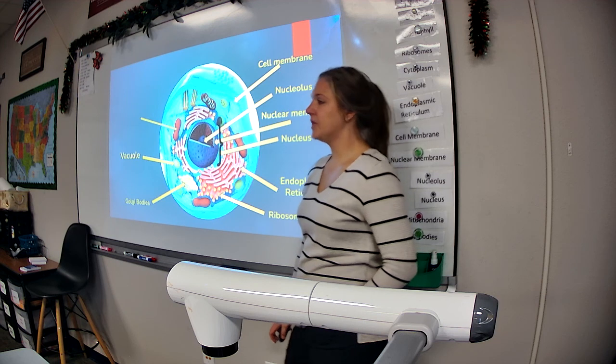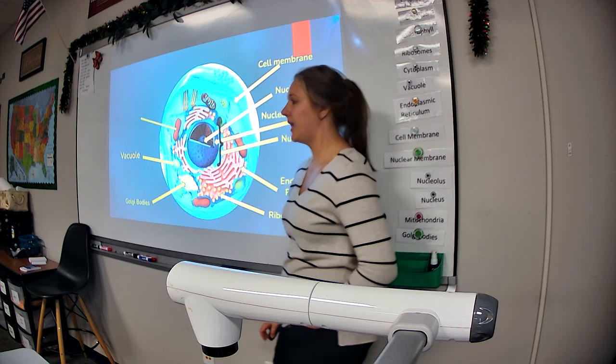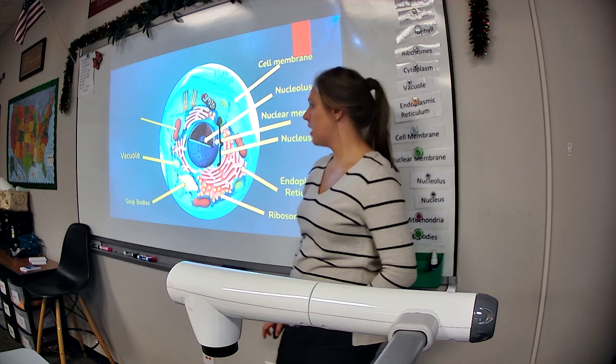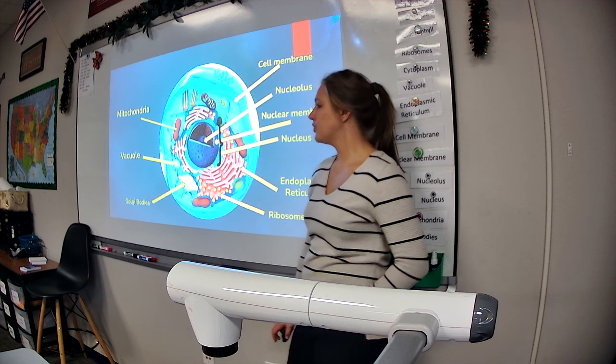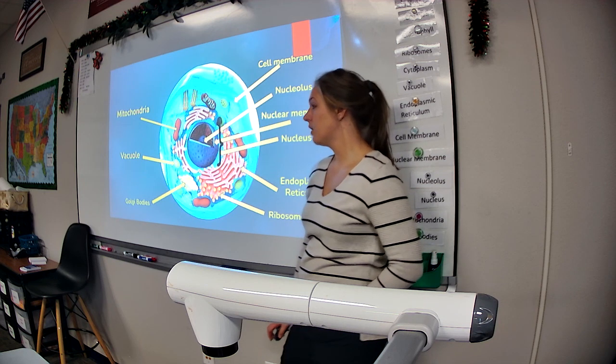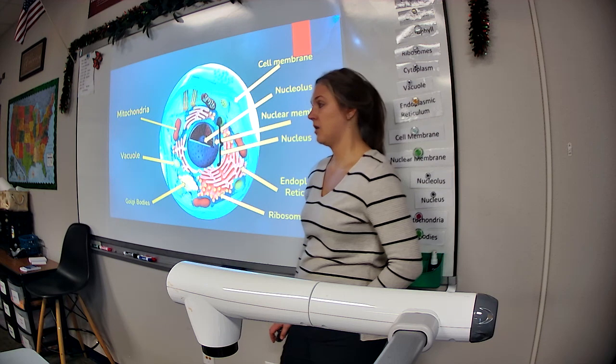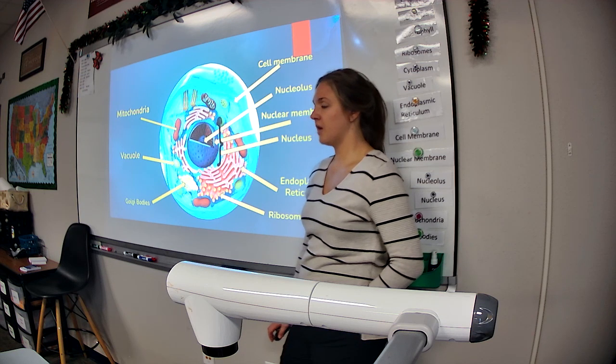Next one, pointing to the peanut shape. Landon? Mitochondria. Good. Landon, what do the mitochondria do for the cell? The mitochondria take up the protein and oxygen and create molecules. What kind of molecules? They produce all of the what?